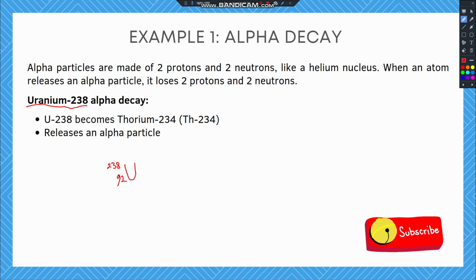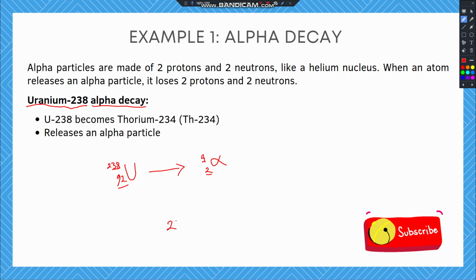So now we have uranium undergoing an alpha decay. What happens is that after the alpha decay, it will release an alpha particle. An alpha particle has a mass number of 4 and an atomic number of 2. So what this means is that a value of 4 will be lost from the mass number and a value of 2 will be lost from the atomic number.